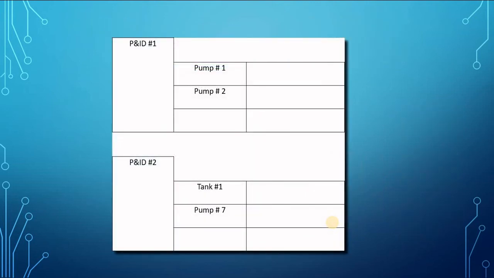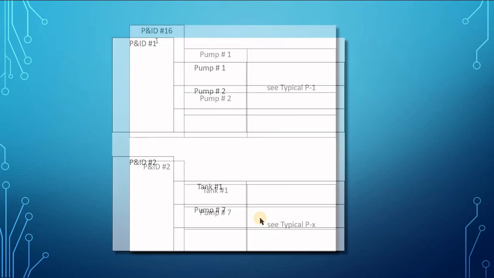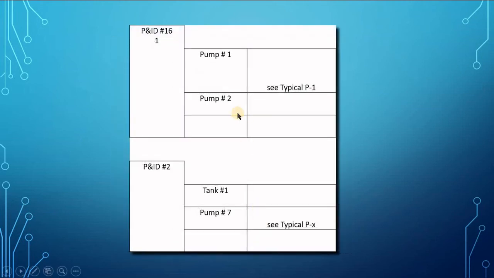Here is one example. In this document, you say PNID 1, and then you list all the stuff underneath, or as a table you take pump 1 and you start explaining pump 1 control narrative, what you want pump 1 to do, pump 3, and so on. Typically you say pump 1 and then you say go to typical P1 and use it.